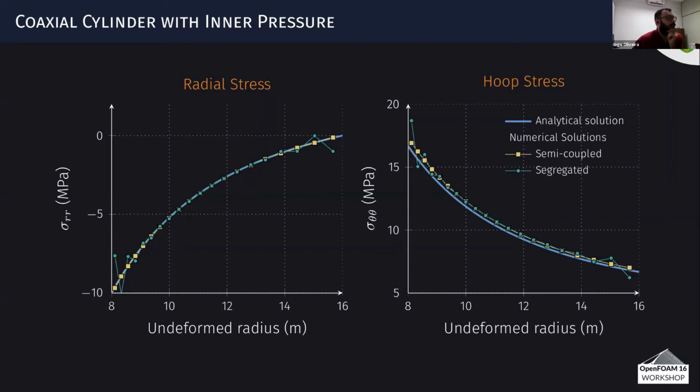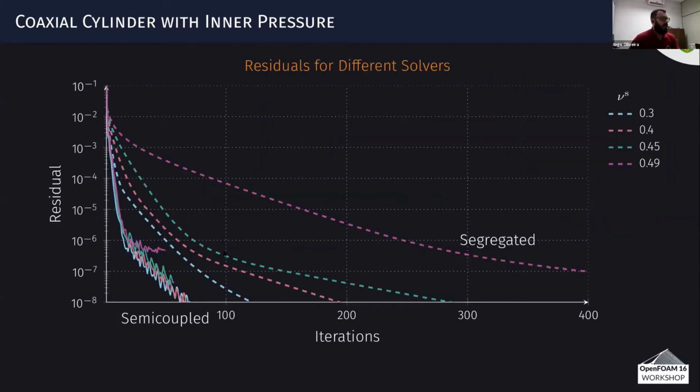And regarding performance, the segregated one displays the same behavior that I showed before, where the convergence deteriorates, whereas the semi-coupled one displays a consistent behavior as we increase the Poisson ratio to achieve nearly incompressible behavior.